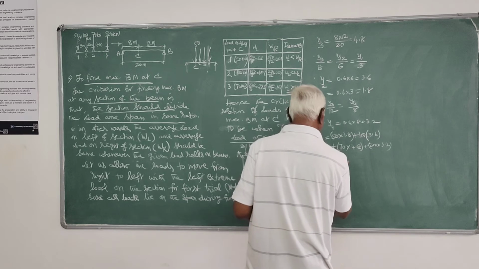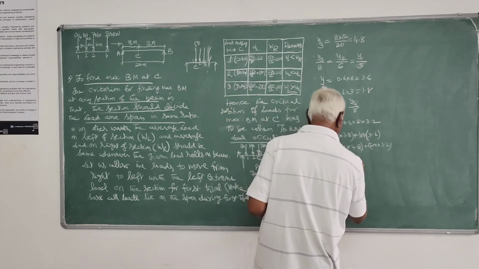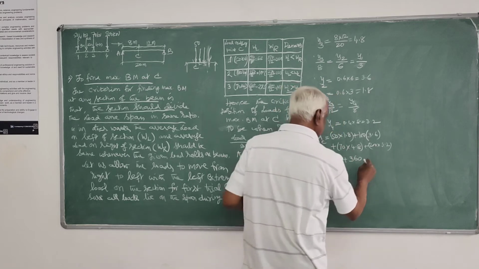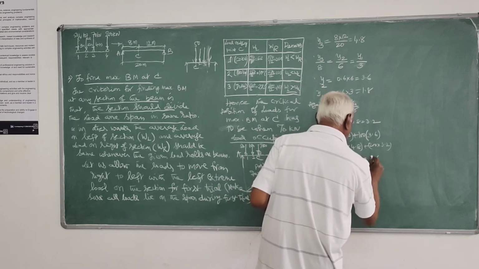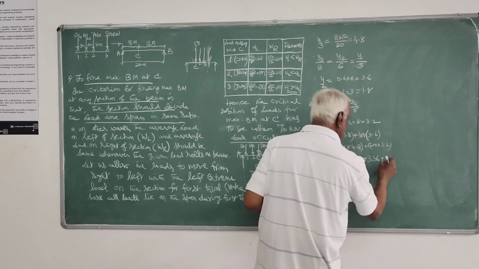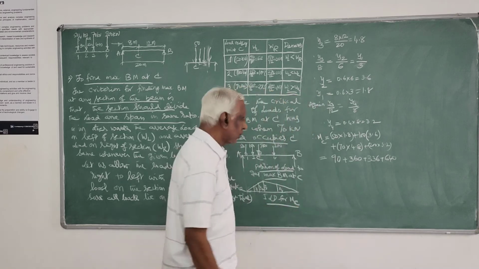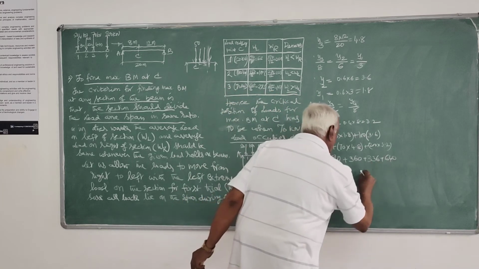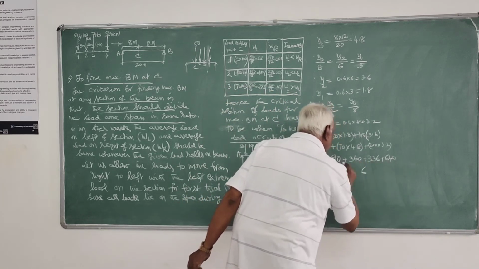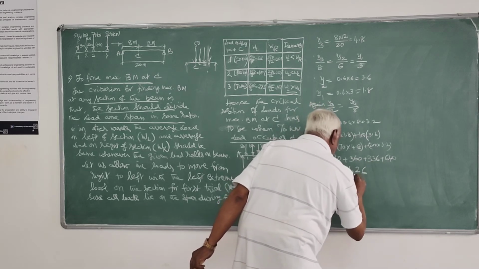So this is equal to 90. This is equal to 360. This is equal to 336. This is equal to 640. So total, this is equal to 1426.